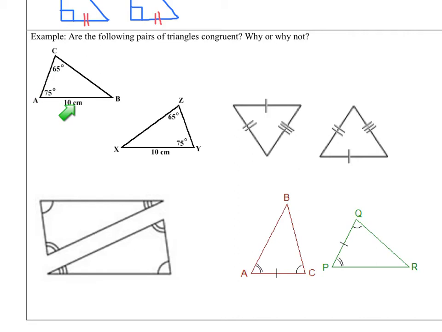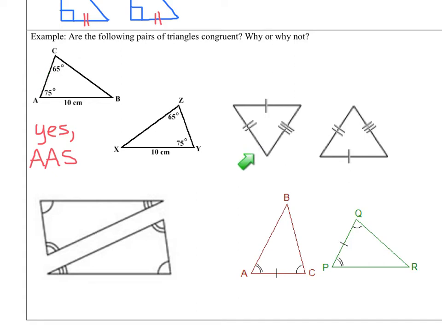It's outside of the two angles. So these triangles are congruent. We're going to write yes, they're congruent. And the reason they're congruent is because of angle, angle, side. Not angle, side, angle, because that side is not in between the two angles there.